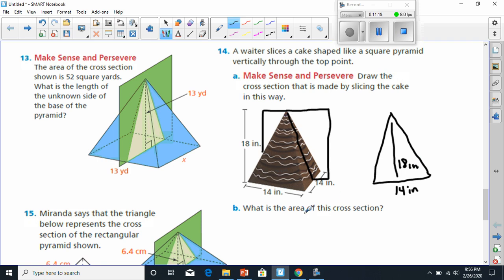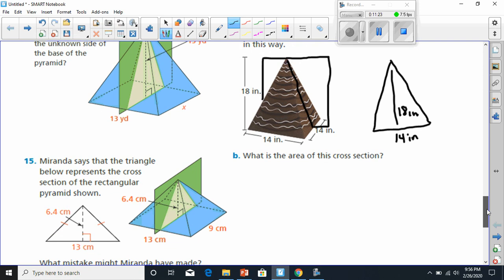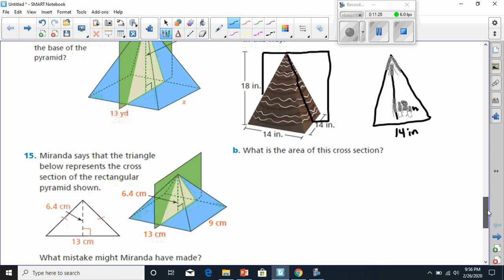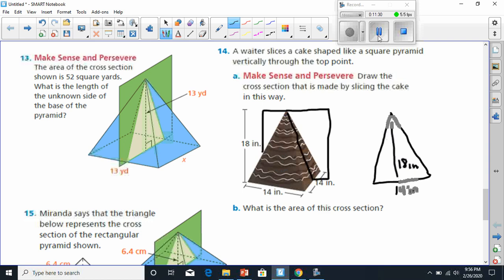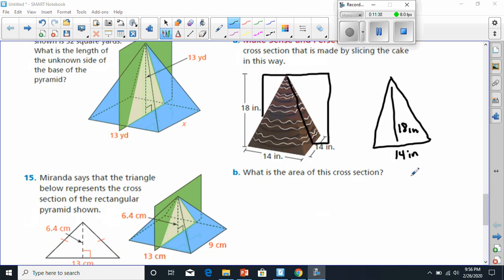Okay. What is the area of the cross section? Well, looks to me about 18 by 14. So that means we're going to have to use the formula for a triangle to find the area. As we said in class, a triangle is nothing but a rectangle or a square that has been sliced in half.